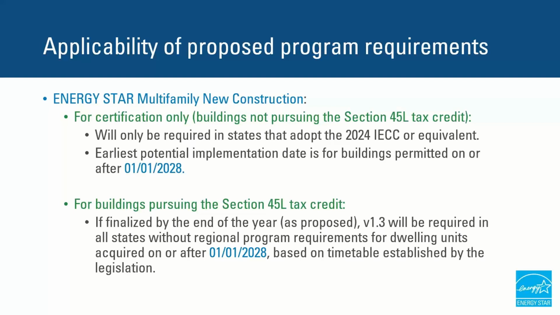We received a lot of feedback on that from partners, which we're currently processing, and we're figuring out whether to move forward with that proposal or to stick with the current approach of having both track A and track B. So I can understand why we've gotten a few questions about that, but the key thing to take away with this presentation is version 3.3 in and of itself is not really changing any of that. It's just setting a slightly more stringent ERI target based on grade 1 versus grade 2 for airflow.